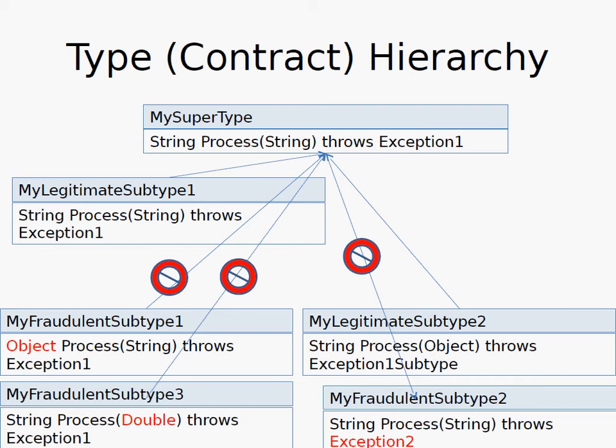And then we have a subtype, ladies and gentlemen, that is going to take in a string also, and it's going to throw the same exception, and it will return the same thing.